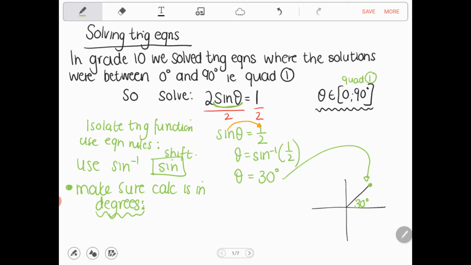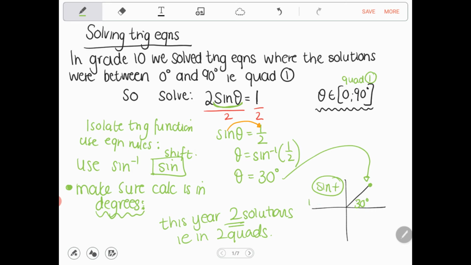So we're going to work in 2 quadrants this year. This would have been 30 degrees in the first quadrant. And where else is sine positive? Sine is positive in the second quadrant.